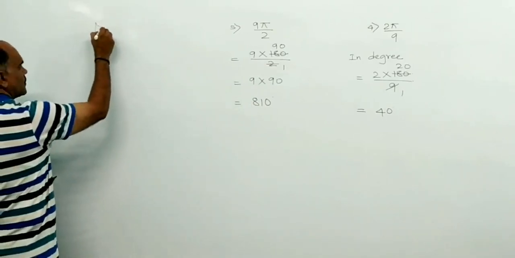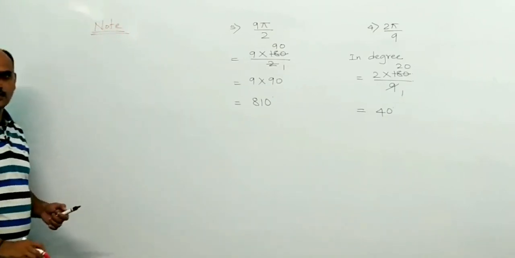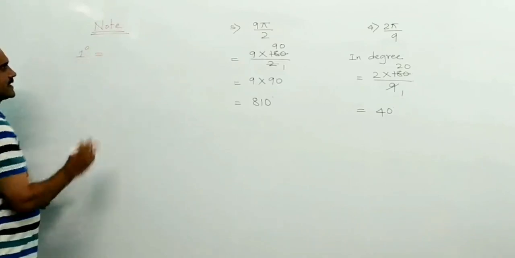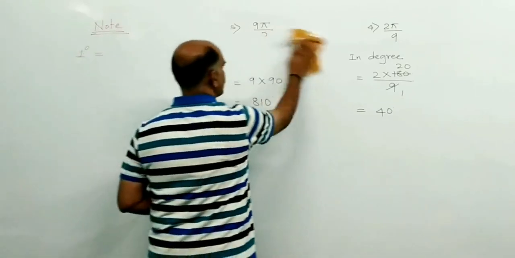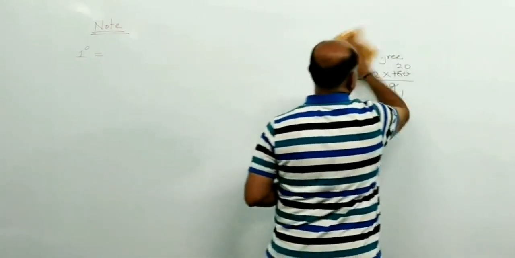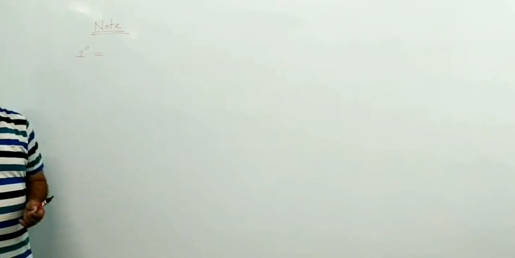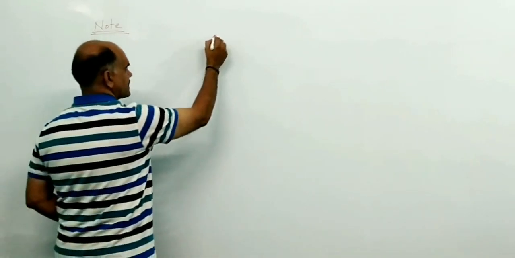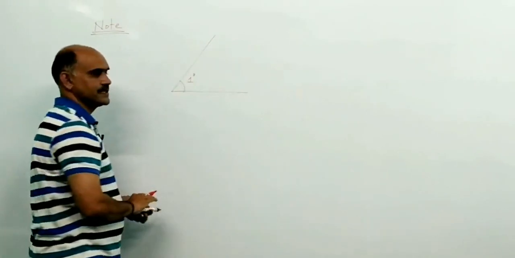Now see here, another two important relations I will be telling. Now 1 degree is divided into 60 equal parts, and each part is called a minute. Suppose this angle is 1 degree.